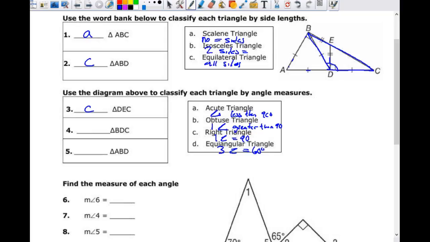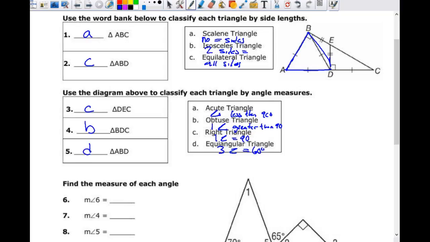So that answer would be B. A, B, D. All of these sides are the same. An equilateral triangle is the same as an equiangular triangle. They should all be 60 degrees. So this is going to be D.